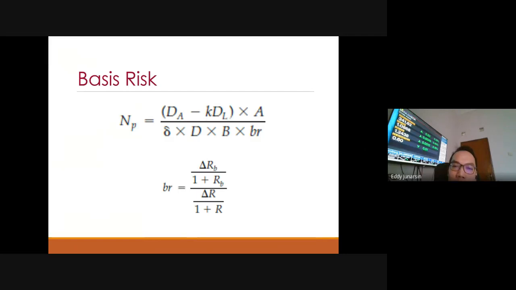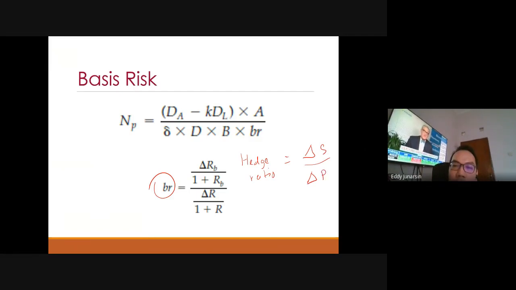But now we have the possibility of basis risk. Do you remember the basis risk, or the hedge ratio? The hedge ratio is always the change in the spot divided by the change in the derivative, in this example the option.